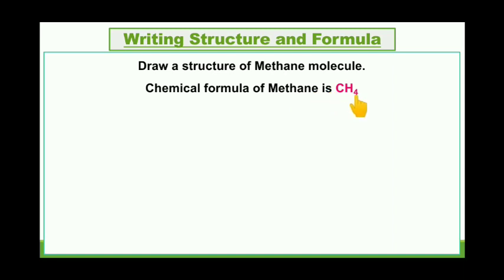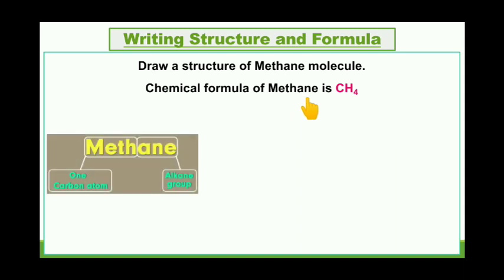Now from this molecular formula and this name, can you draw the structure of methane? First see what is the prefix and suffix. Meth indicates that there is 1 carbon atom, and the suffix "ane" tells that it is alkane family. So carbon is bonded with 4 single covalent bonds.